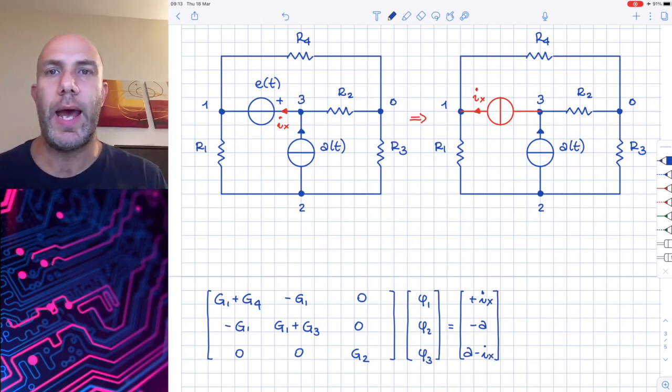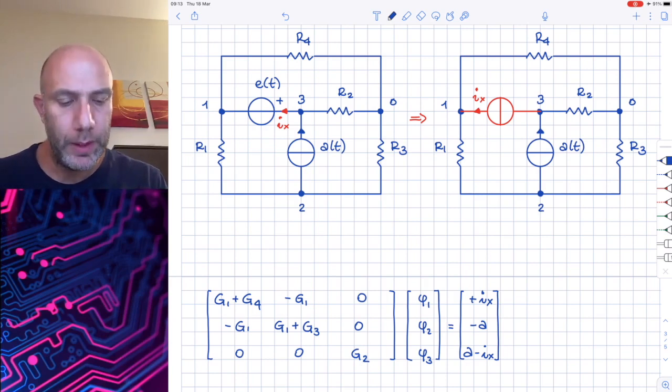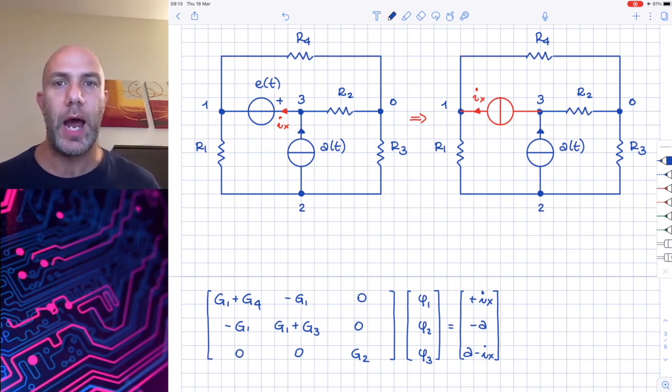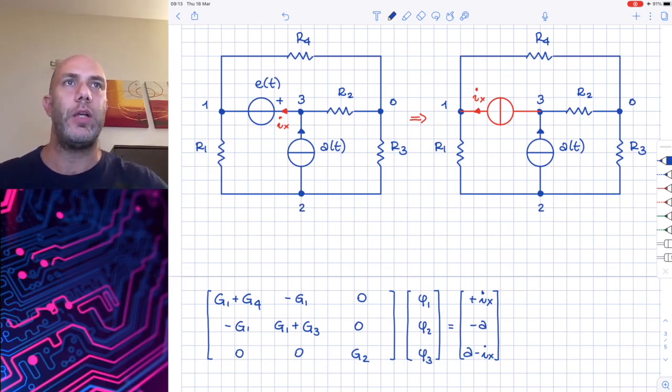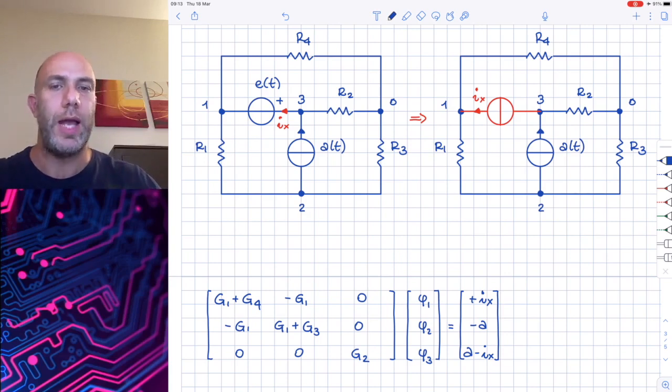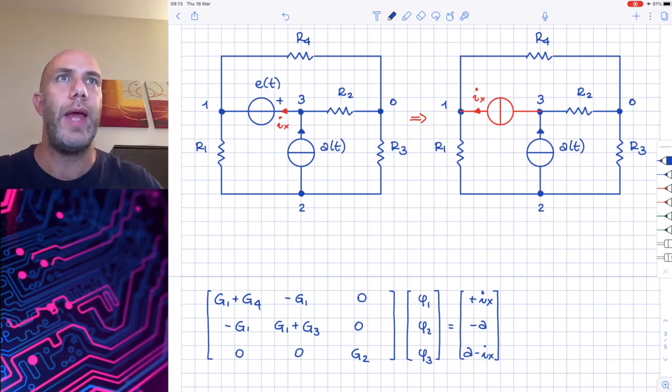So this ends the first step, where we have written the equations that describe the circuit on the right. But this is not the end of this exercise, because now we have to recall that Ix is unknown, and we have to add the original equation of the voltage generator.